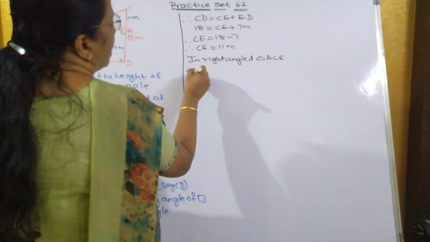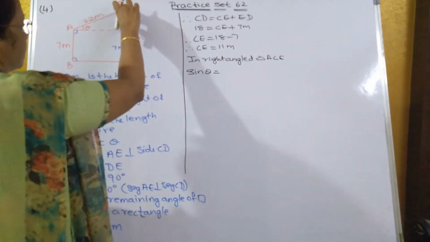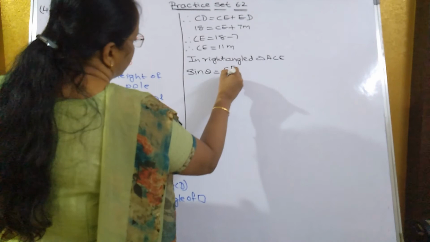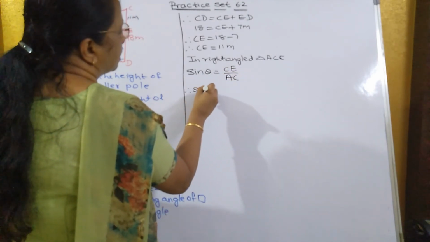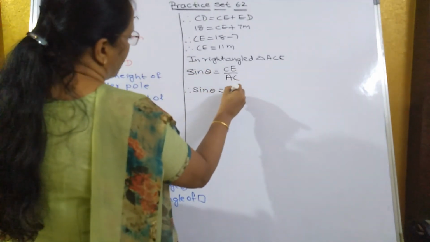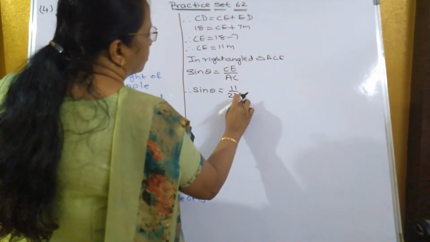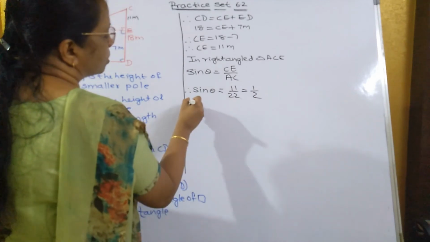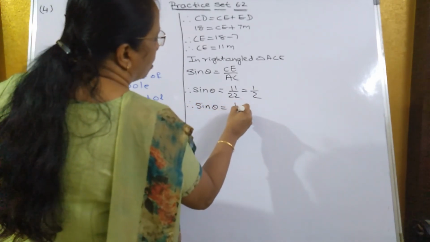So sine theta is equal to opposite side, that is CE upon AC. CE is the opposite side and AC is the hypotenuse. Therefore sine theta is equal to CE we have got 11 meter, and AC we have got 22 meter. So when we cancel that, we get 1 upon 2. So sine theta we have got 1 upon 2.